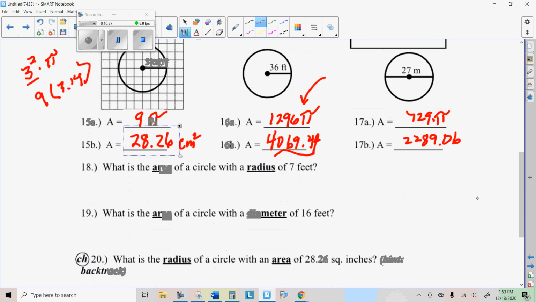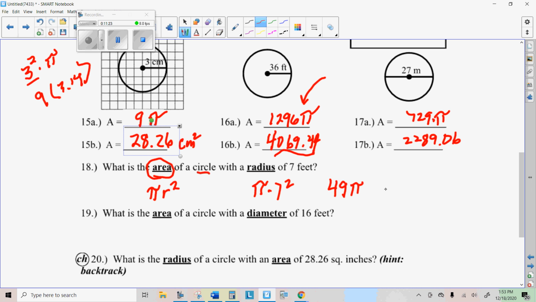So, here we have some word problems. Make sure you know what you're looking for, so what formula you need. We need the pi r squared formula to find the area of a circle. And now if we have the radius, we just do pi times 7 squared. In terms of pi, 7 squared is 49 times pi.